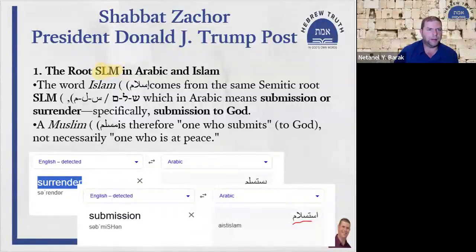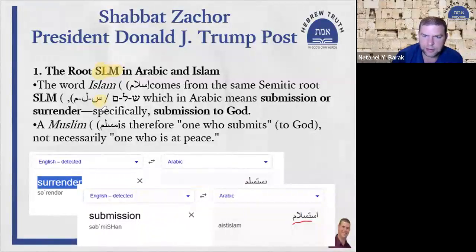And that is just an example for the sh sound and the s sound being equivalent in Hebrew and Arabic. Same goes for the word shalom. In Arabic, salam. So the Arabic root s, l, m, and you can actually see the letters here in Arabic.